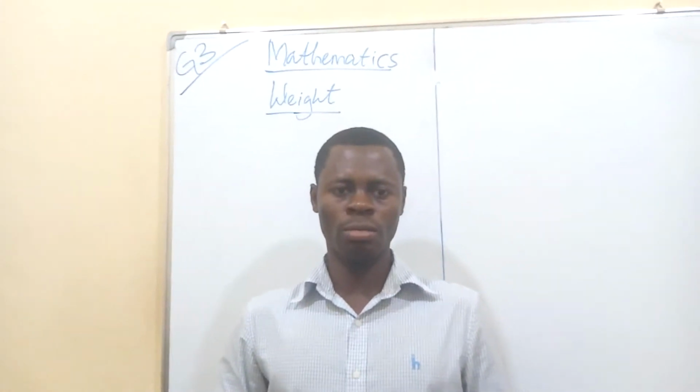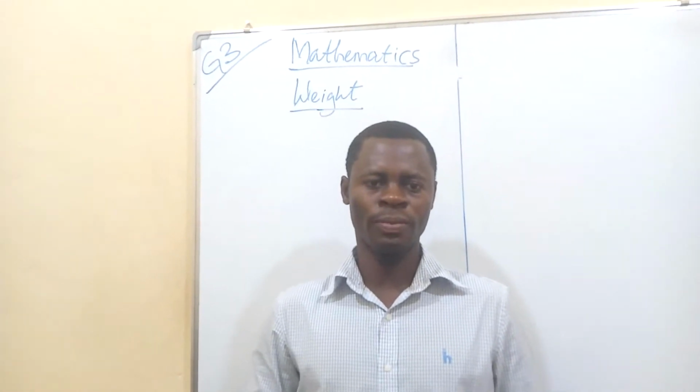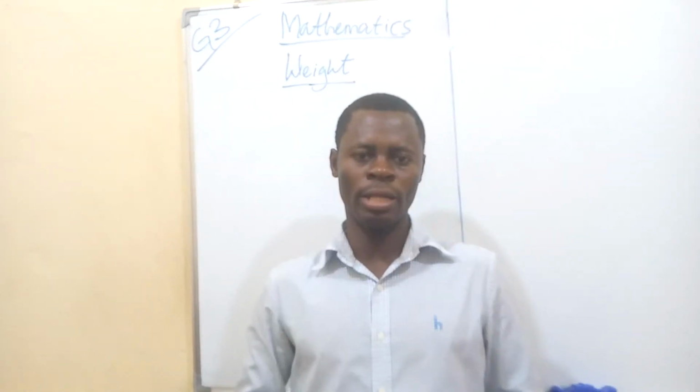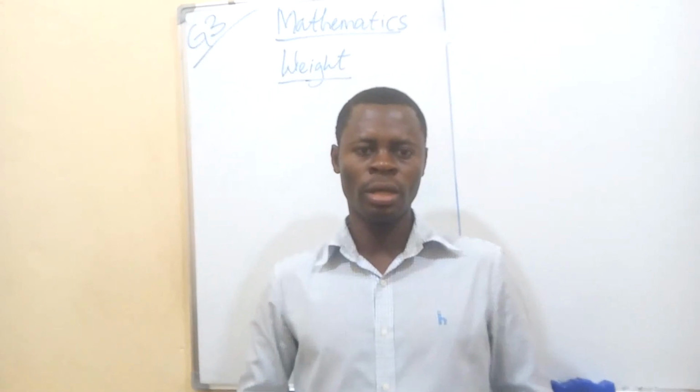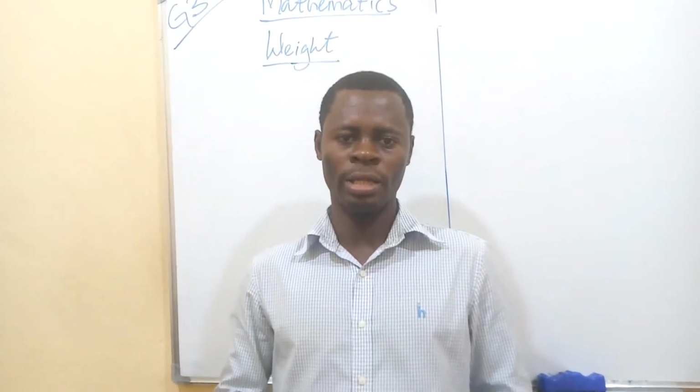First of all, we are going to look at the meaning of weight. What is weight? The weight of an object tells us how heavy or light that object is. Objects with more weight are heavy objects, while those with less weight are light objects.